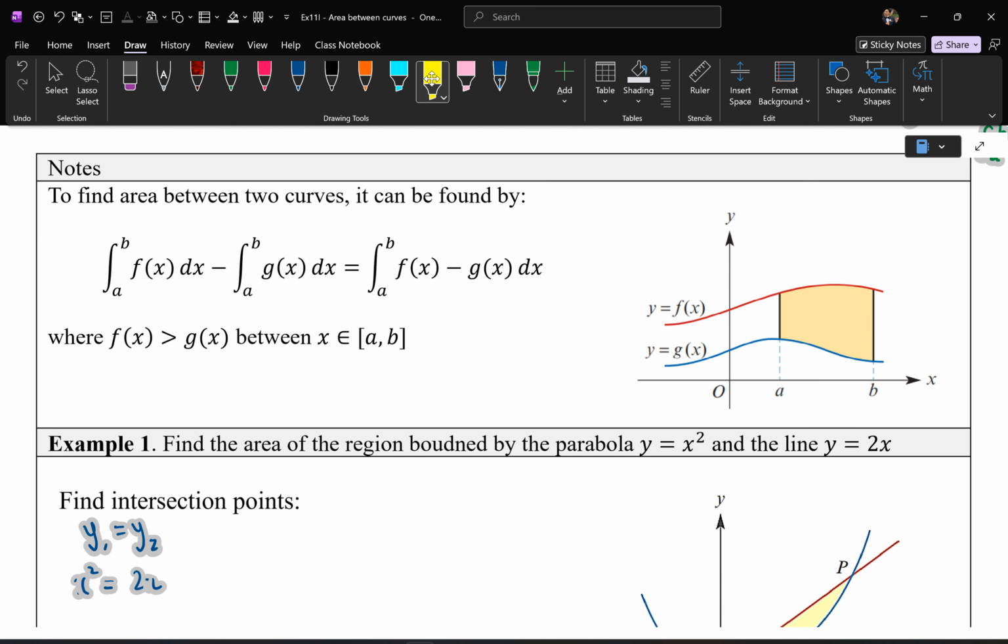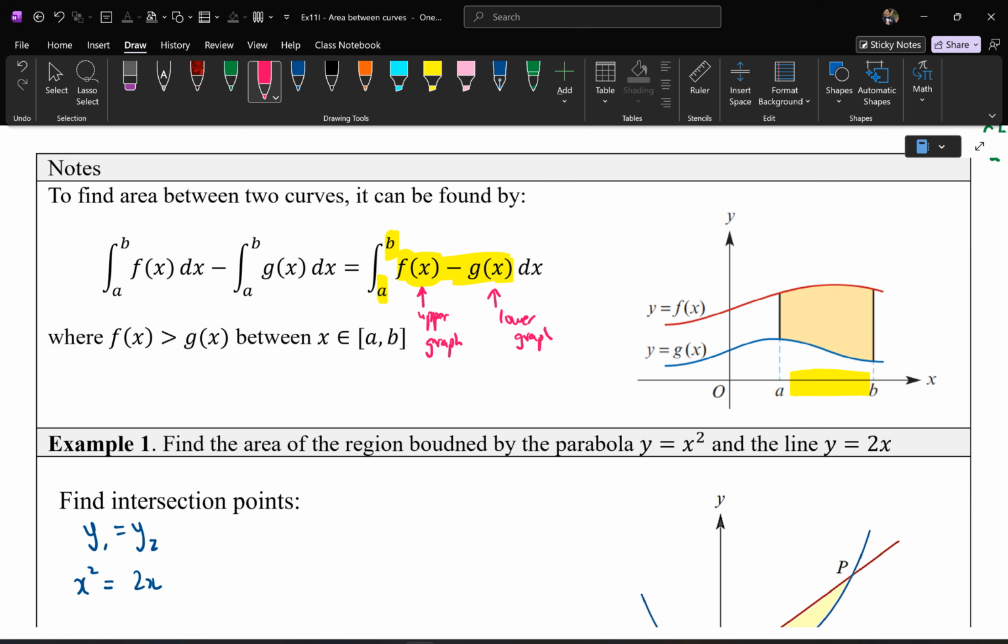If you found the area between a and b, so here's the interval, a and b, and you want to know the area between f and g of x, then the formula says it's f of x take away g of x, f of x being the upper graph and g of x being the lower graph. You can see here, f of x is the larger y value, and the blue graph, which is g, is the lower y value.